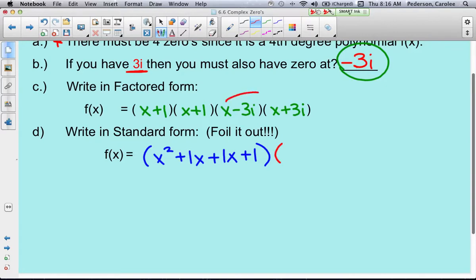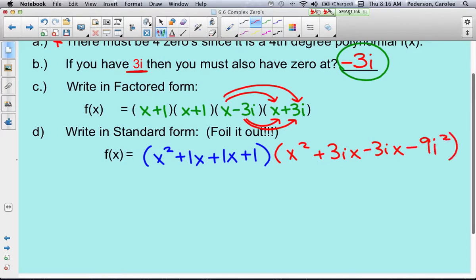So we get x squared plus 3ix minus 3ix, and negative 3i times 3i is negative 9i squared. Now let's reduce. So let's take care of the blue first. So we combine like terms there. We have a 1x and a 1x becomes 2x.